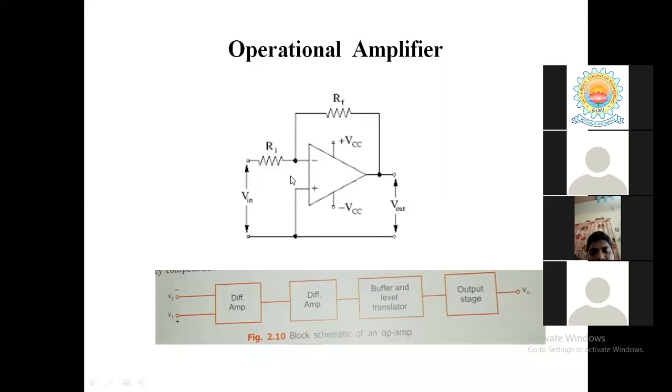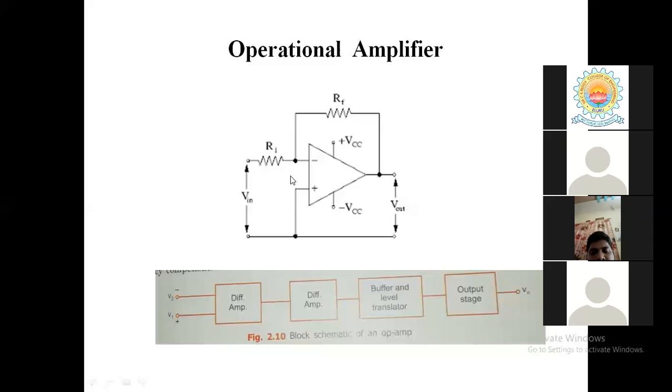This is the limited application of the operational amplifier. We see it in differential amplifiers, voltage comparators and zero crossing detectors, which we will discuss later.